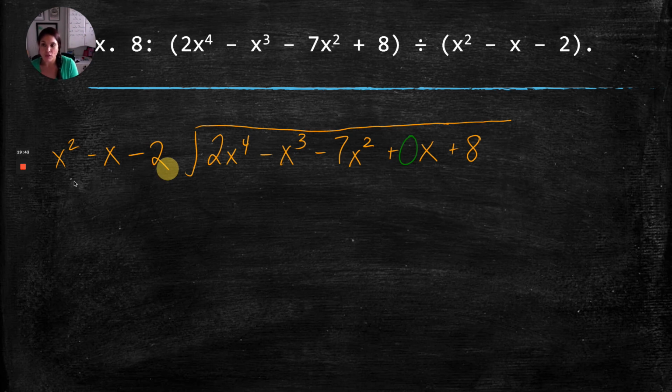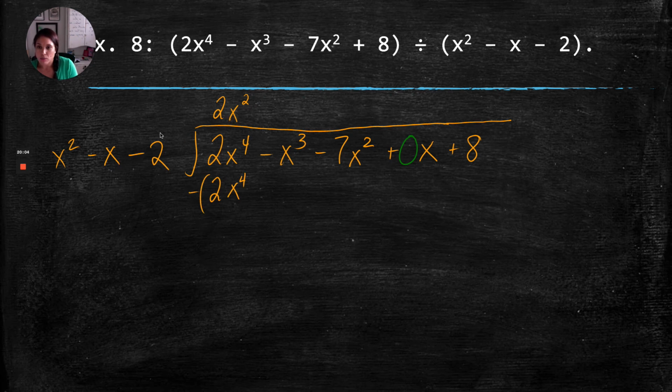I'm still going to focus on the first term. So x squared goes into 2x to the 4th power 2x squared times. When I multiply this, I get 2x to the 4th power. Remember to subtract.